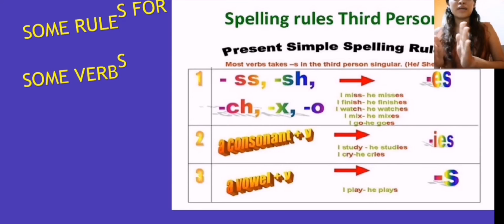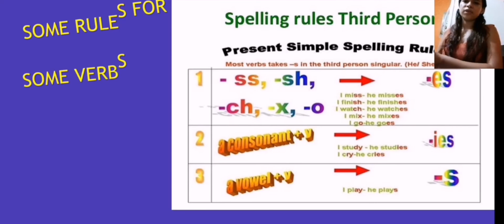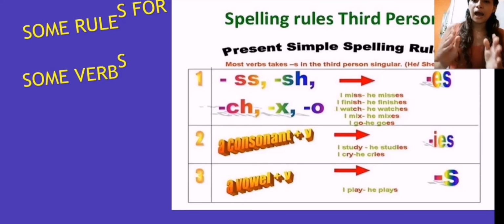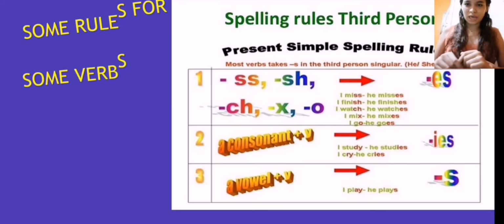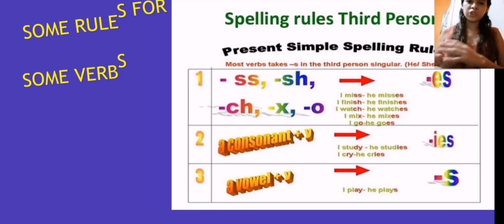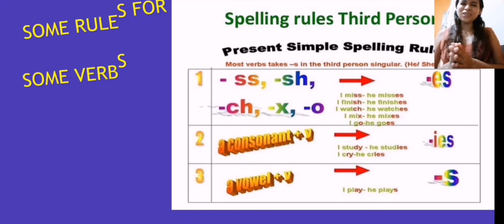These are the rules for some verbs, in this case for the third person singular. Okay? When it ends in a consonant plus y, I study, he studies, with ies. Okay? And a vowel plus a consonant, in this case I play, he plays. Okay? It is important to remember these rules when we are writing a sentence using the third person singular. Okay.